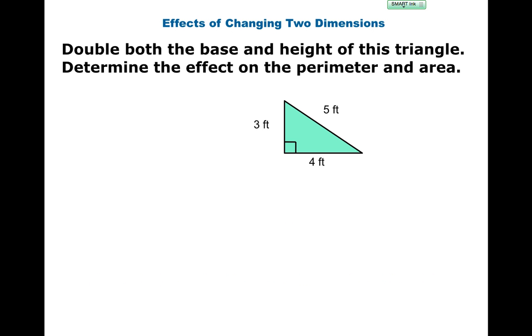What happens if we double both the base and the height? Let's see what happens to the perimeter and the area.